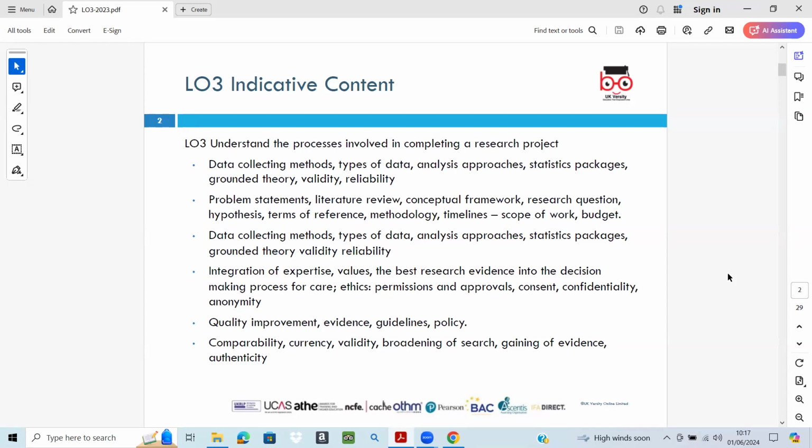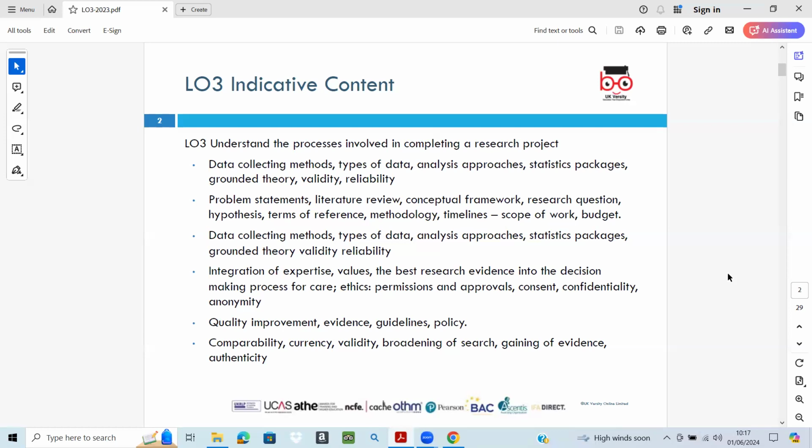Then we have the problem statement and literature review. In the problem statement, we clearly define the issue your research intends to address.